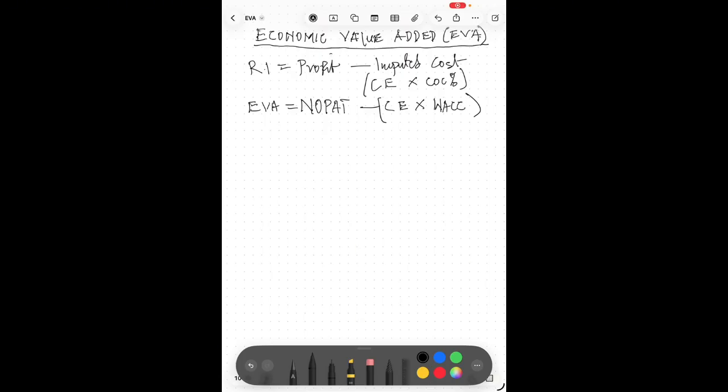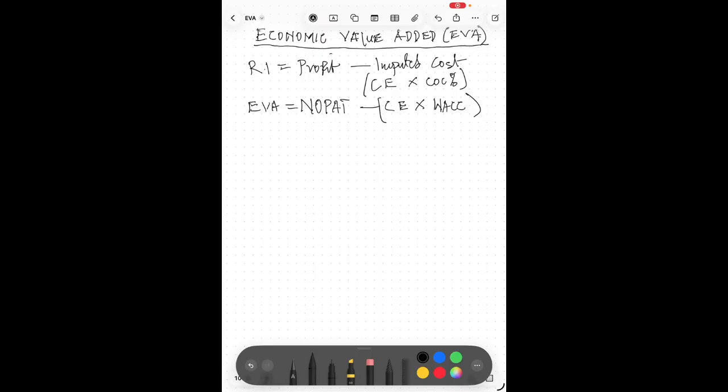When you want to start, they will give you the income statement. So all you need to do is start by adjusting from the point of the profit after tax. The income statement will be given to you, but you need to look out for your profit after tax. All your adjustments will be done on that.